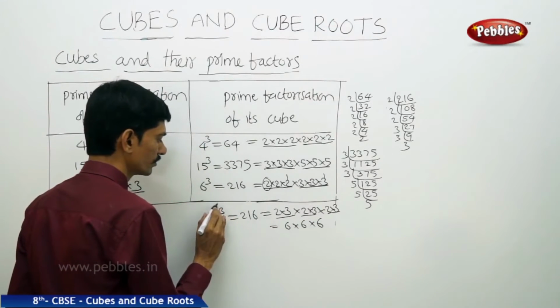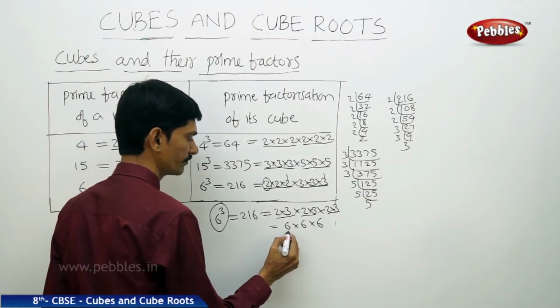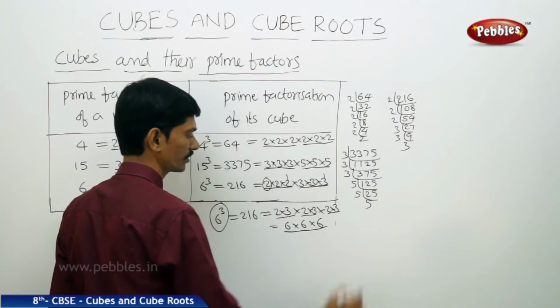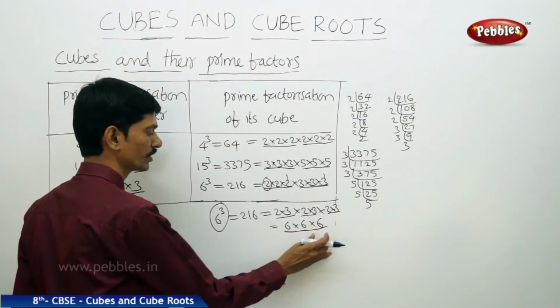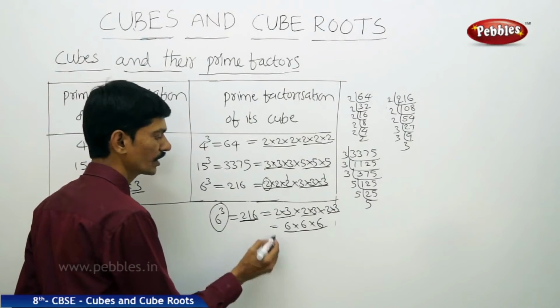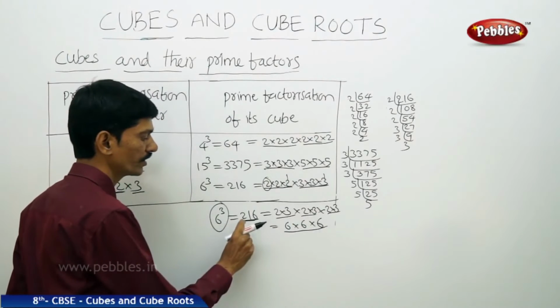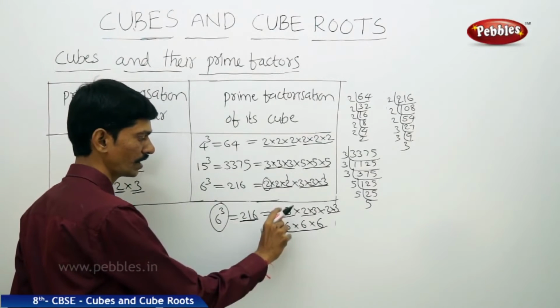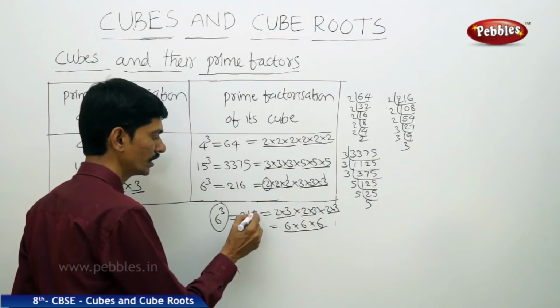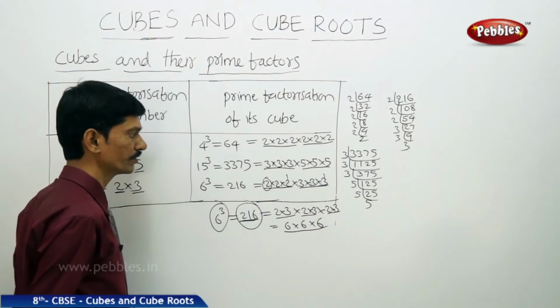So 6 cube can be expressed as the product of 3 equal natural numbers. So when a number can be expressed as the product of 3 equal factors, then it is called a perfect cube. So here 216 is a perfect cube.